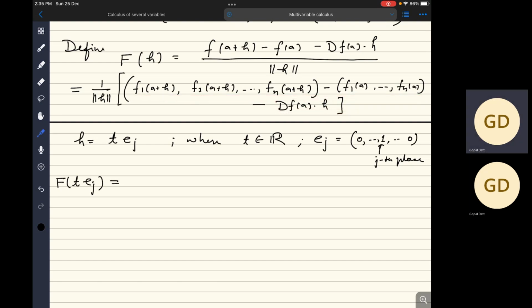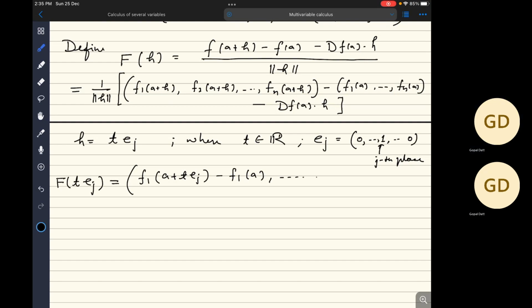So h is now t ej, so this will be f1(a+t ej) minus f1(a). So what I am doing, I am writing this minus this, the next one, this minus this.